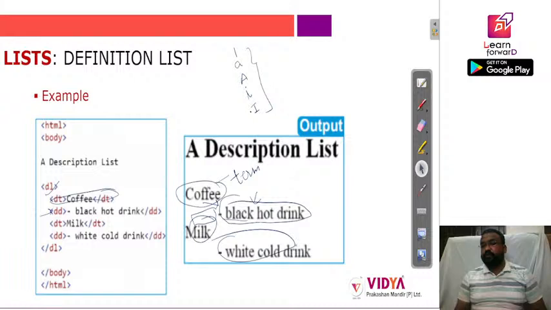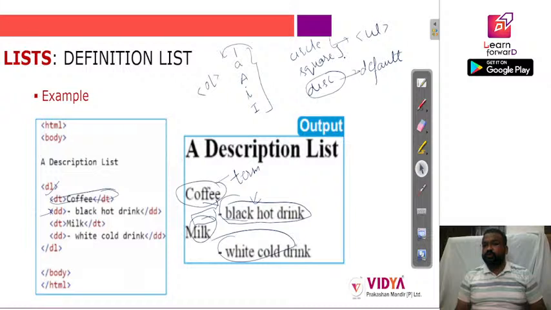So these were the different types in our ordered list, while in our unordered list we have seen circle, square, and disc. This one was the default, while these two we can provide in our type attribute. So these were the types in the unordered list, and these were the types in our ordered list. And in the ordered list, the number 1 was the default value.